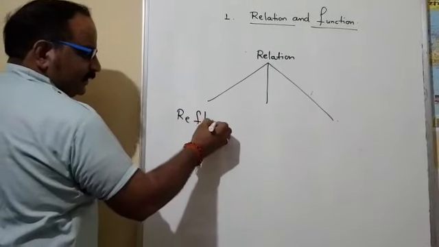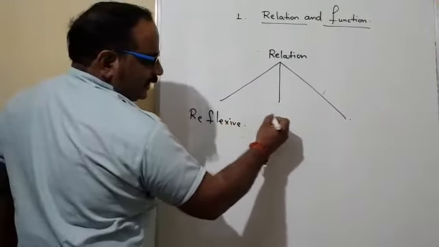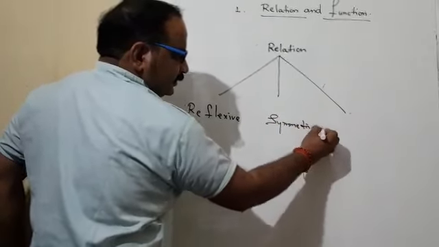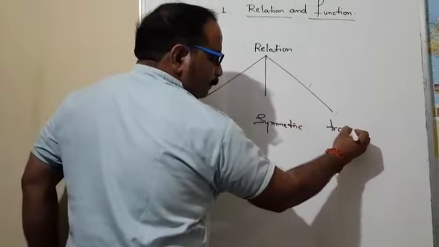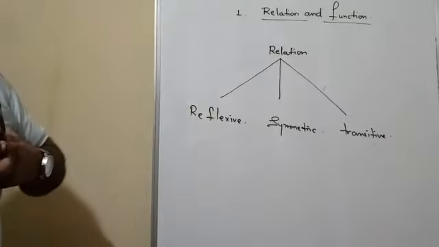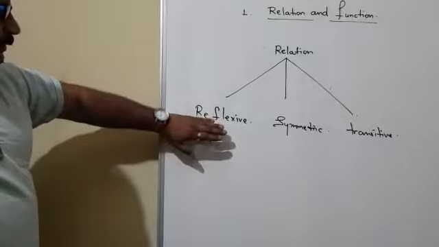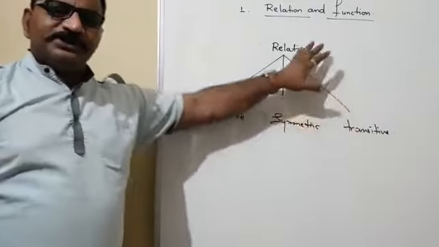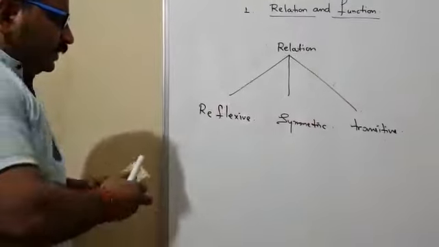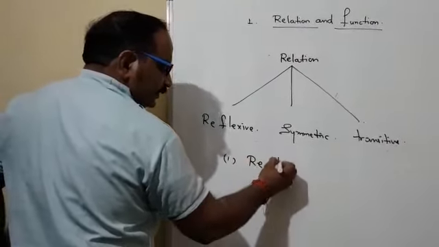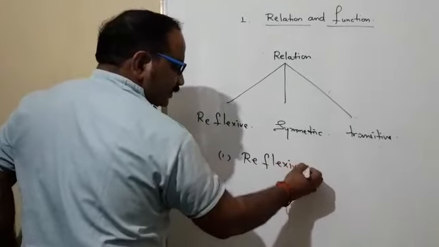First is reflexive, second is symmetric, and third is transitive. One by one we have to go through them and learn them. What is reflexive, what is symmetric, what is transitive. Among them, very first we are going to touch the reflexive relation.